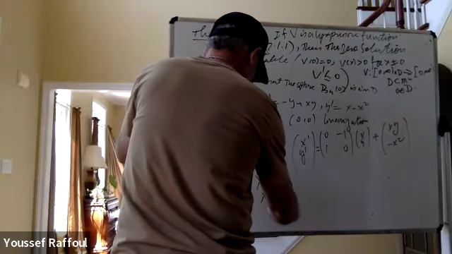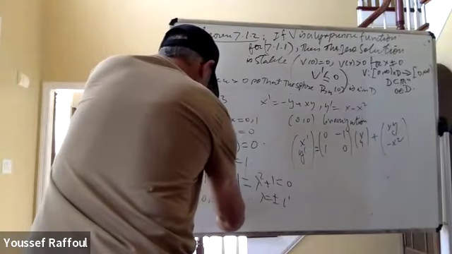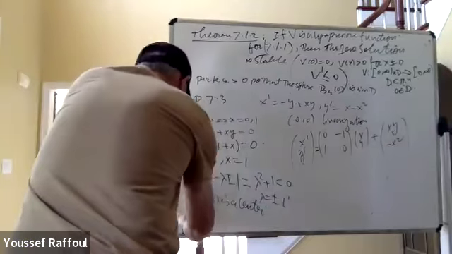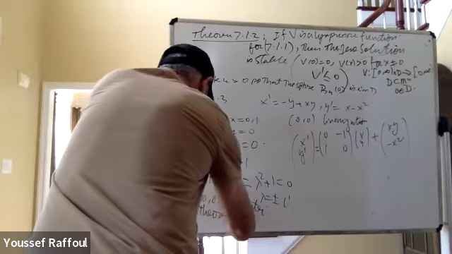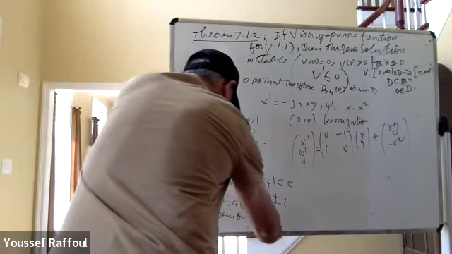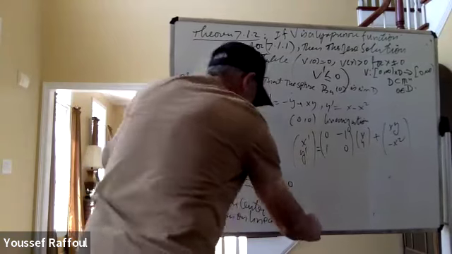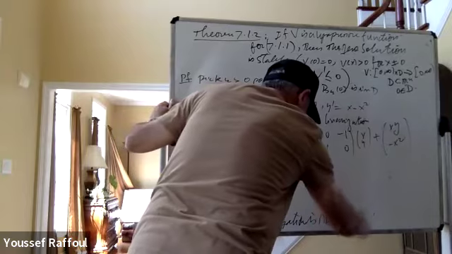So lambda equals plus or minus i, so 0, 0 is a center. And then the theorem on linearization is not applicable, so we cannot conclude anything.